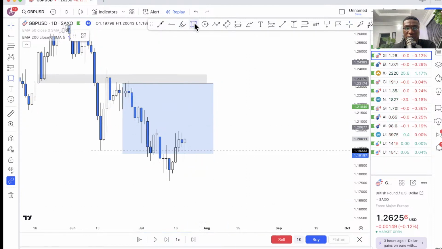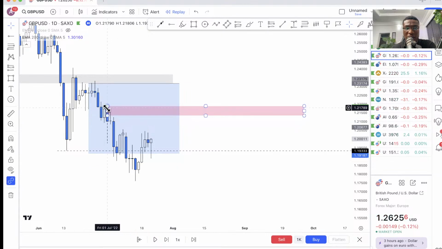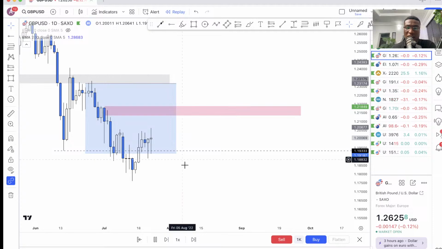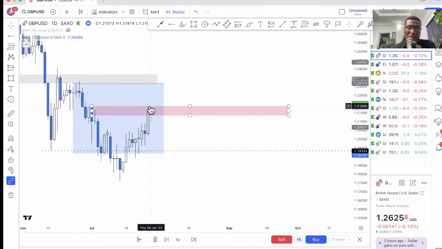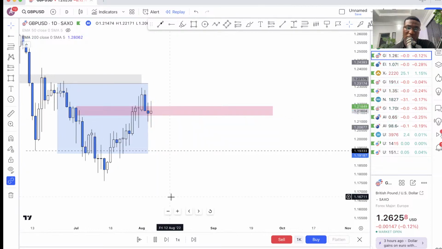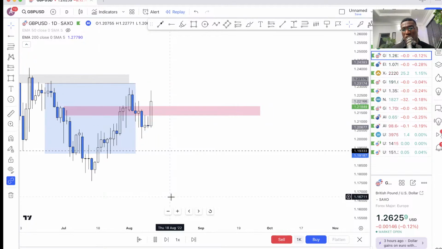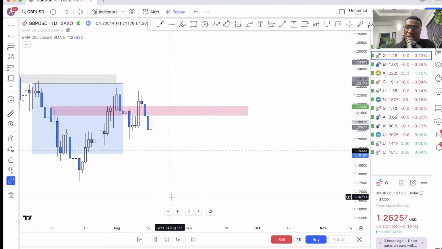For example, I'll be looking at levels of internal liquidity, like areas like this, where I expect the market to tap in, reject, and continue to push back to the downside. So when I see areas like this, I can decide to place even more sell trades there. And what happens? The market starts to trade even lower. So that's one of the ways that you can take advantage of a trending market.